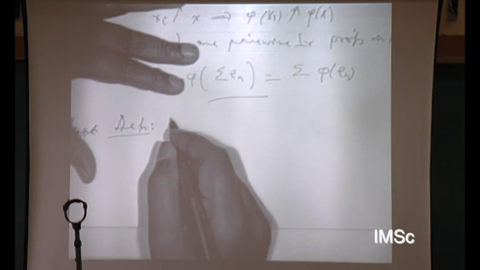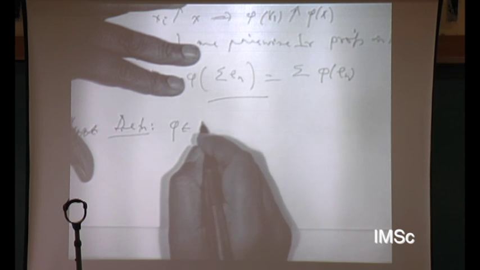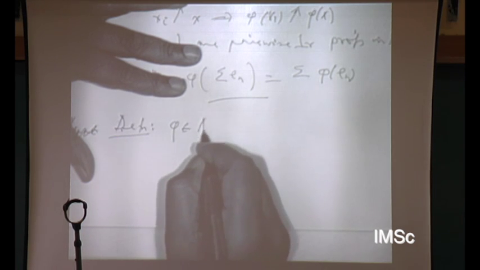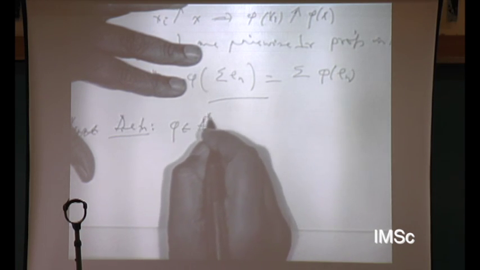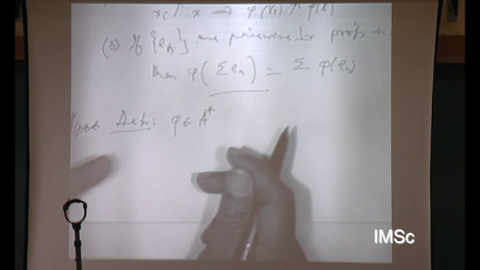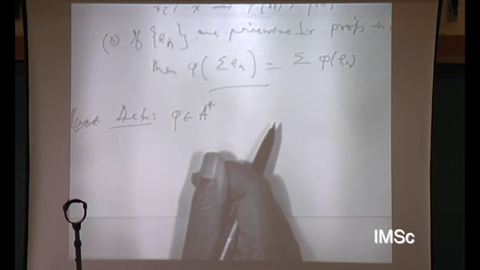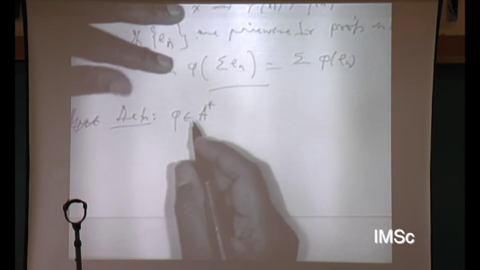So, in general, we say that a phi in A star, I don't need one-dimensional, just C star. A one-dimensional algebra is also a C star algebra. Okay.